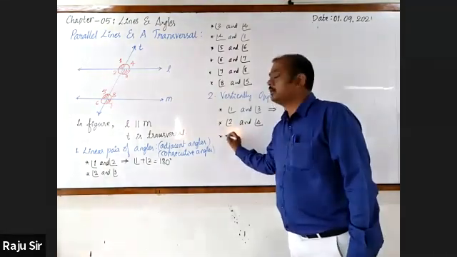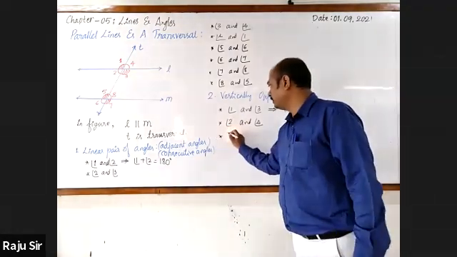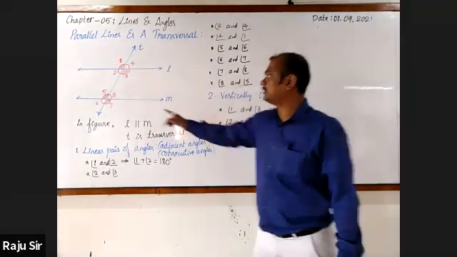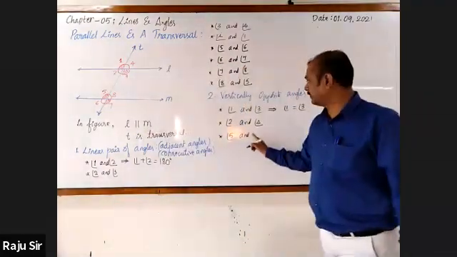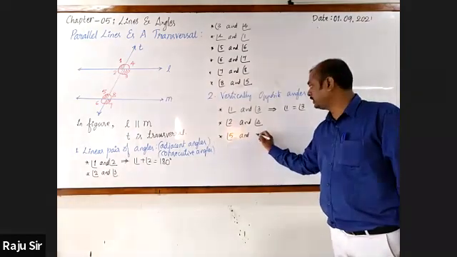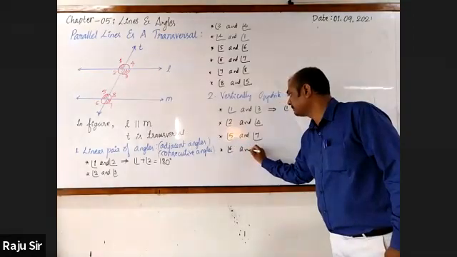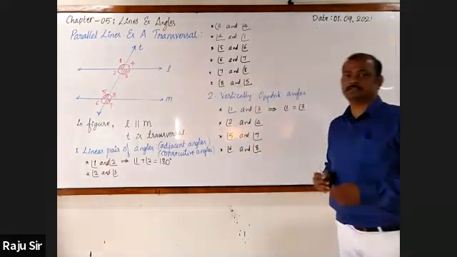Next, angle 5. What is its vertically opposite angle? Angle 7. Leave the space and copy correctly. Next, angle 6 and angle 8.